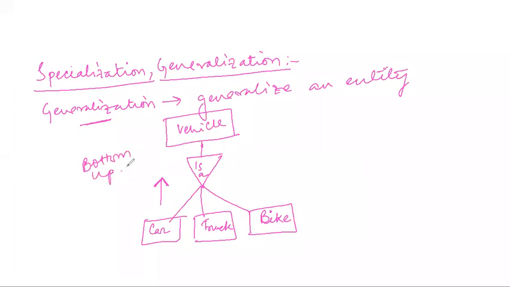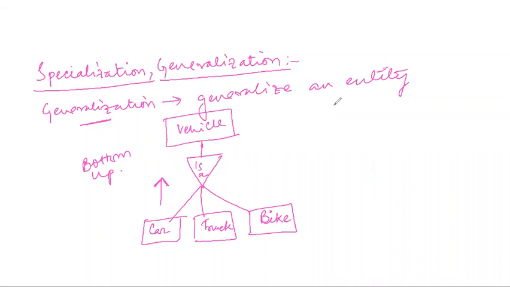From subclasses we move towards the superclass, whereas specialization is a process of identifying the subsets of an entity that share some different characteristics. Remember this thing, that whenever we talk about specialization, we mean that we break a superclass into subclasses where separate unique characteristics are given.